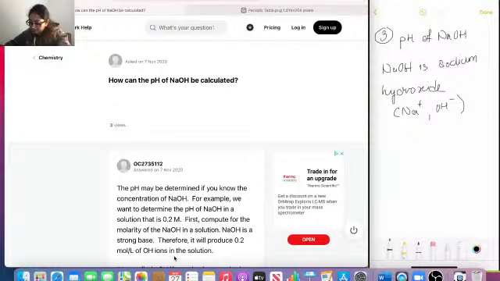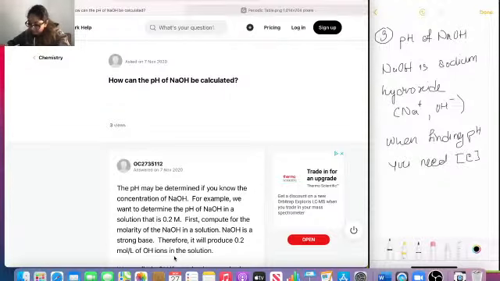In this case, to calculate the pH, you need to know the concentration of that substance.